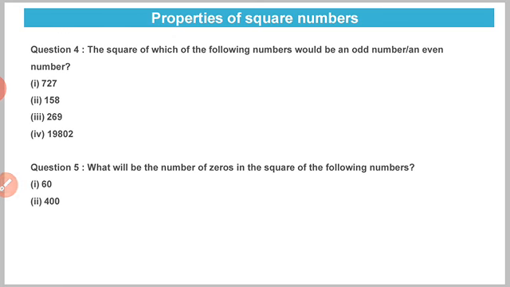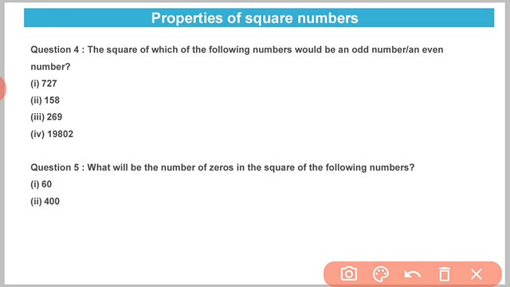Now let us take question number 4. The square of which of the following numbers would be an odd number or an even number? So we know that square of even number is even, square of odd number is odd.